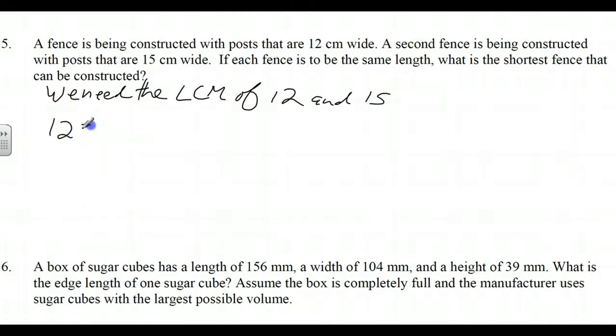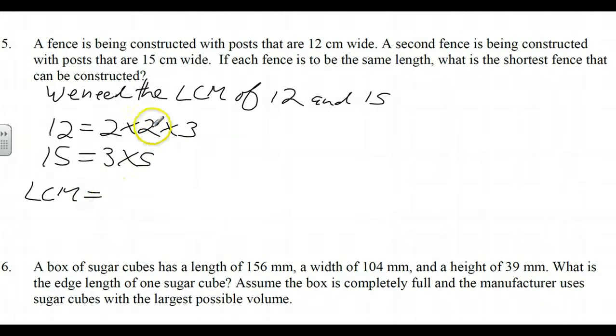So 12 is 2 times 2 times 3. And 15 is 3 times 5. And the LCM is 2 times 2, 3, which only occurs once, and 5, which occurs once. So that's 4 times 3 is 12, times 5 is 60.